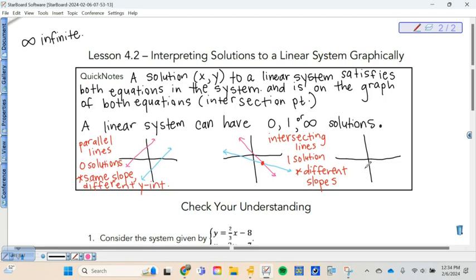Okay, and then my last, how do I get infinite solutions? Two lines right over each other. Yeah, the exact same line. So that's the same line. Infinite solutions.